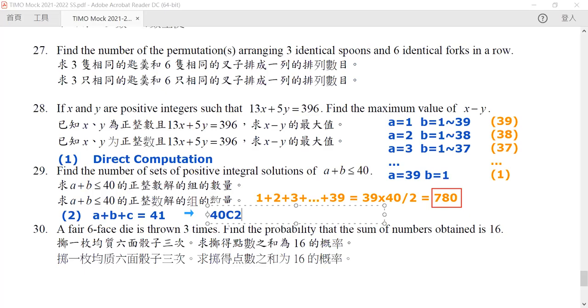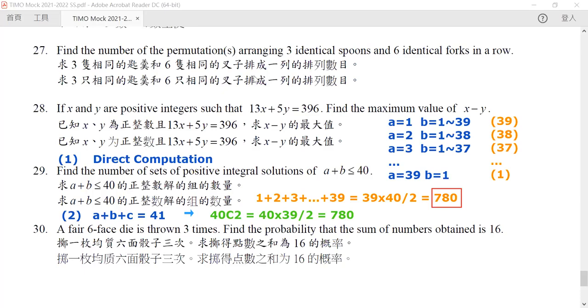Or by the H distribution, it is equal to 40C2, and hence it will be equal to 40 times 39 divided by 2, and hence you get exactly the same answer. But the second one is a little bit sophisticated, so sometimes you cannot get the thinking straight. It is much easier for you to just directly compute it. The number is not that great.